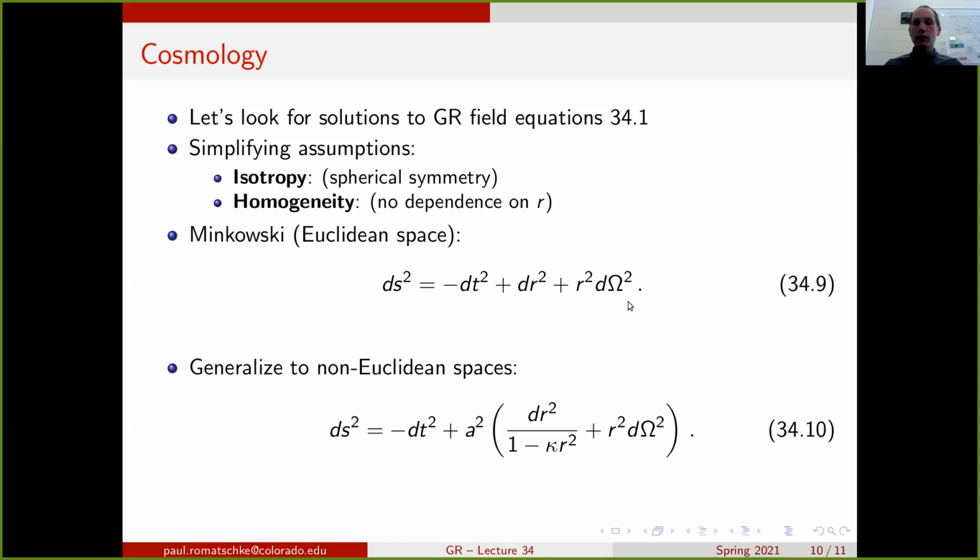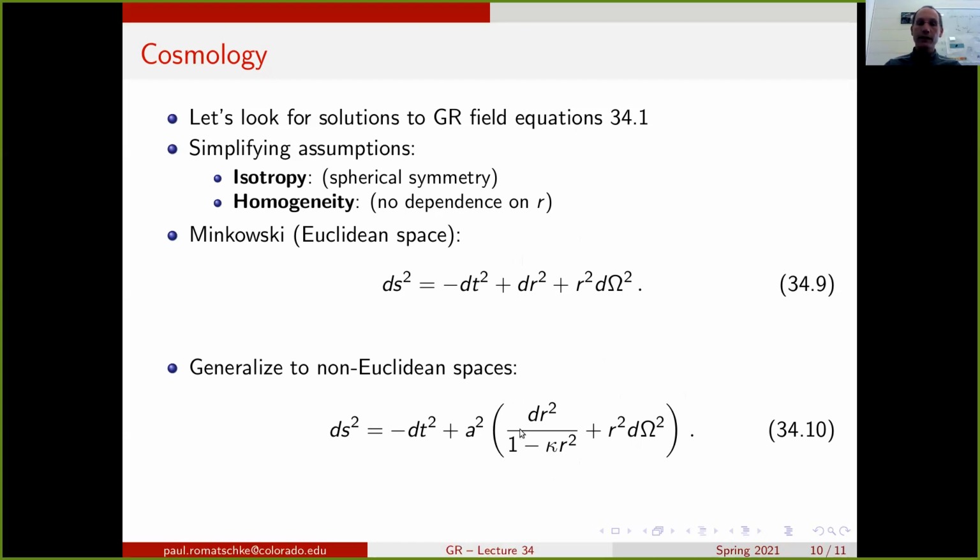However, we just learned that besides Euclidean space, there are other geometries that are possible. These correspond to 3 different choices for the parameter kappa. So if we want to generalize our ansatz to non-Euclidean spaces, we can do this by replacing the Euclidean space part of the line element with the generalized solution that we found from the Einstein field equations with arbitrary cosmological constant.